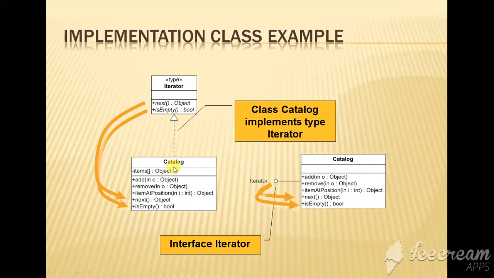So this is the catalog which implements a type, that is iterator, and this interface iterator is connected here to the catalog, where we can see add and remove and item positions, and everything is given here. So this is the interface iterator, and the class catalog implements the type iterator. This is the implementation class example, given in terms of the catalog, the iterator type, and the interface iterator.